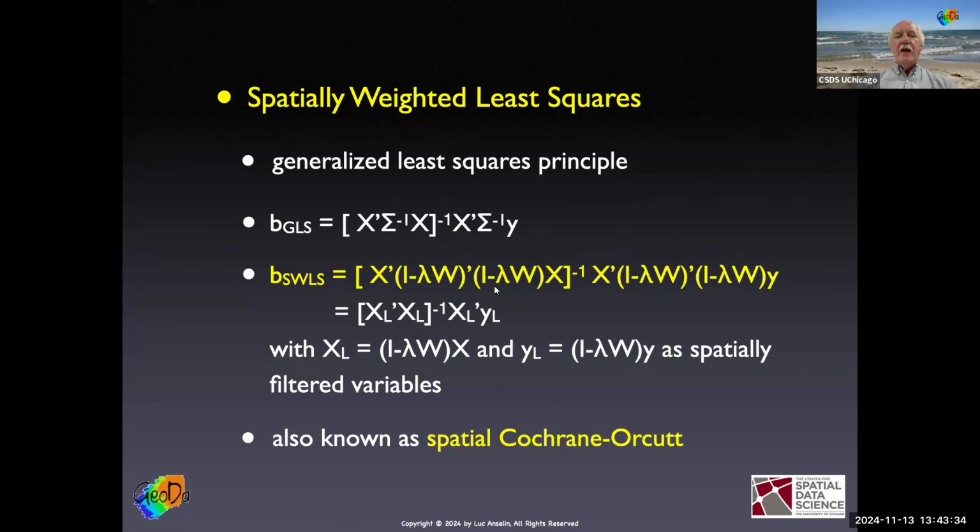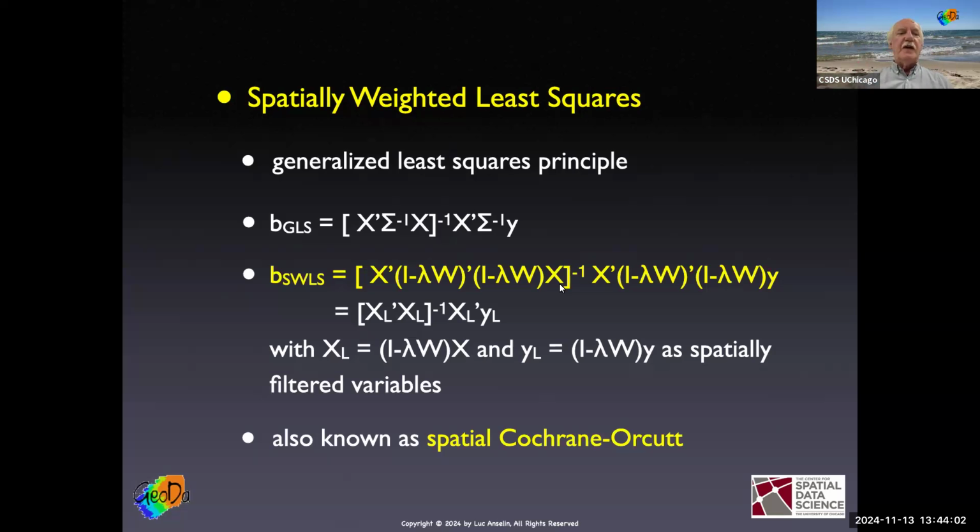So if you just look at this one for now, and you work out the multiplication, this is x minus lambda Wx. So that's the difference between the original x and the average of the neighbors scaled by lambda. And that's called a spatial filter. You filter out the effect of the neighbors.